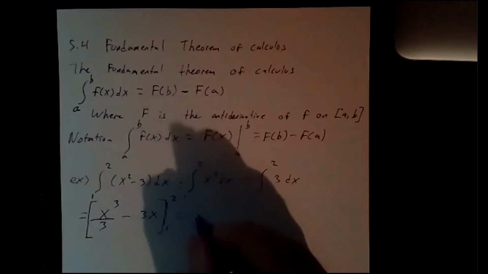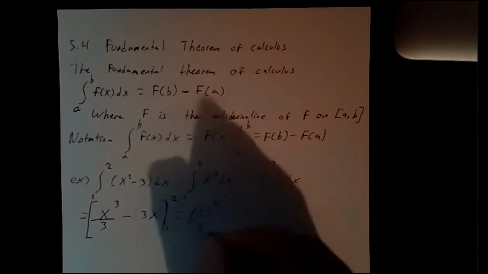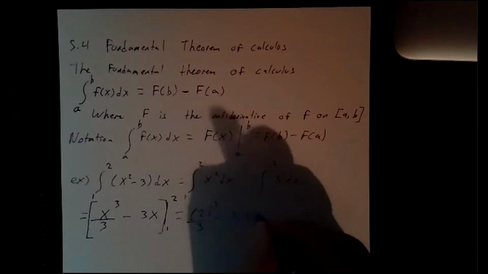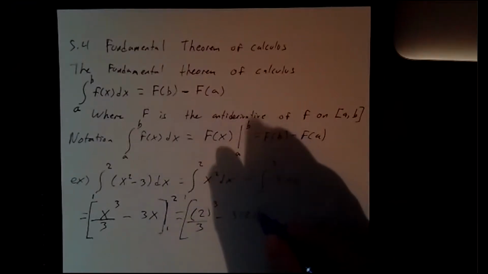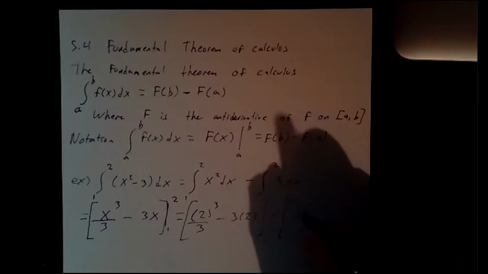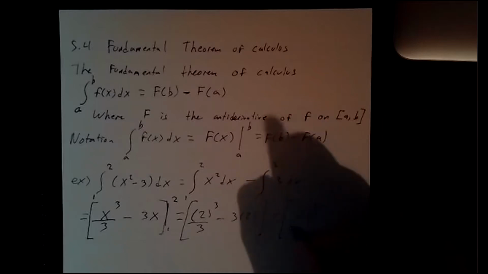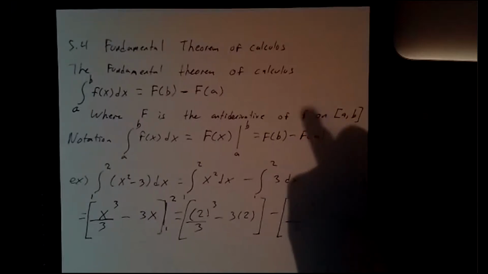So that will be 2 cubed over 3 minus 3 times 2. So all this stuff, minus the same function again, but at 1. You see where these numbers are coming from?